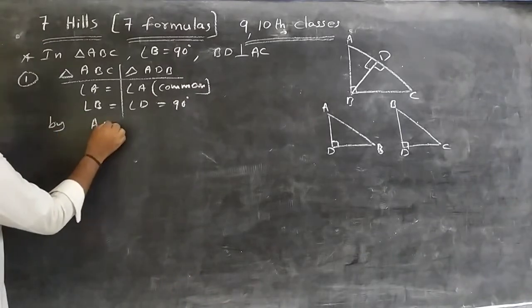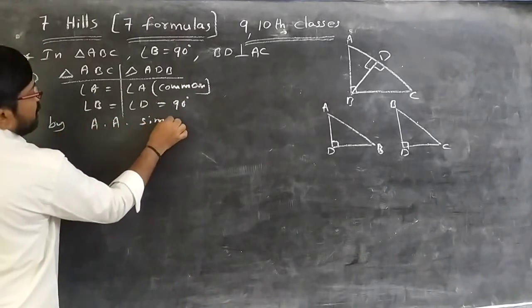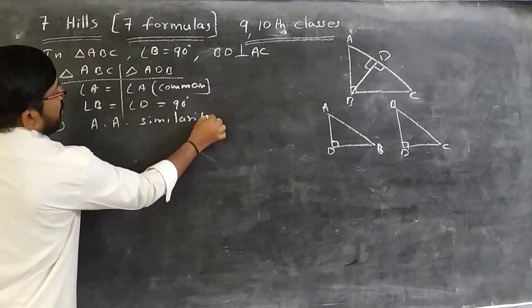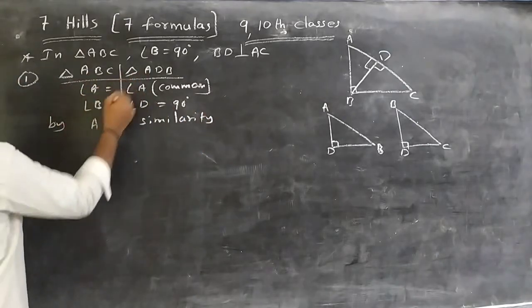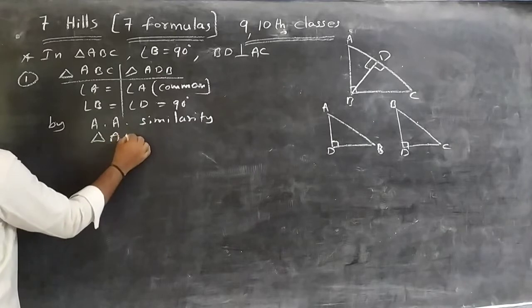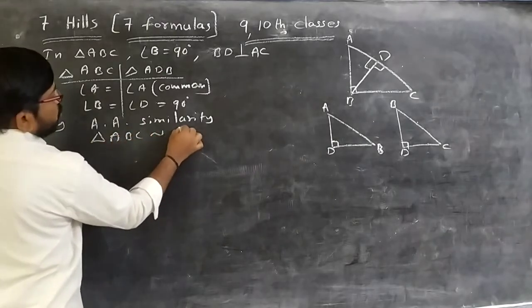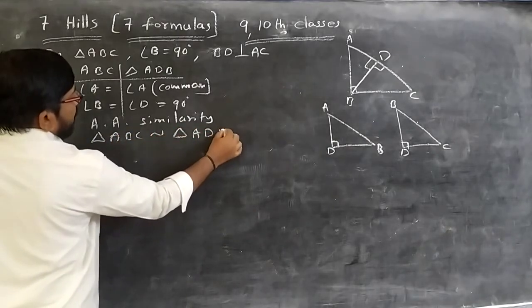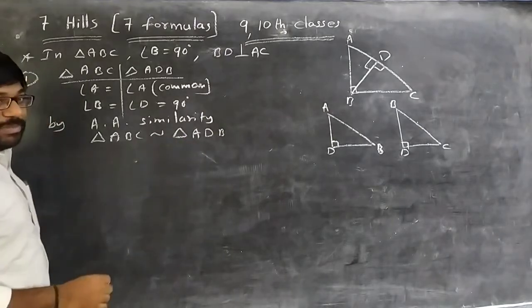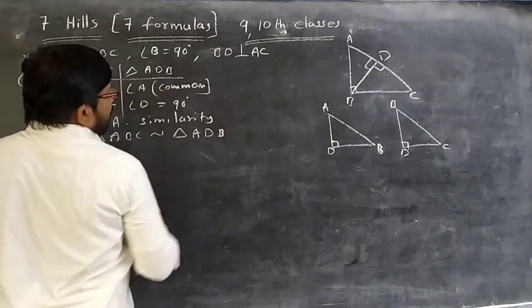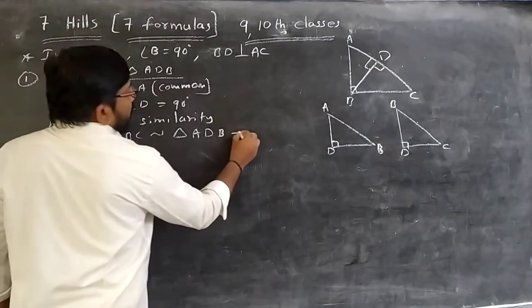So by AA similarity, these 2 triangles are similar. Triangle ABC is similar to triangle ADB. Say this is 1.